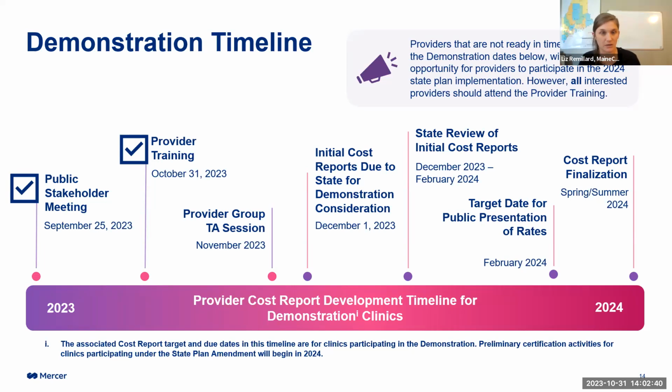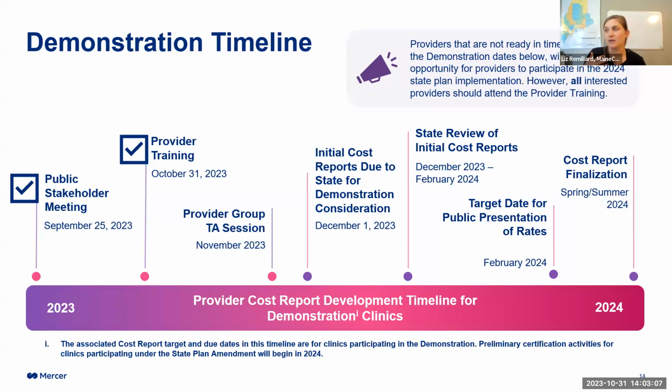Not every organization on the call today needs to complete their cost report by December 1st. We have heard from some agencies who are interested, and we thank you for being vocal about it initially so we know who you are. If there are others who want to have some conversations with the department or with Mercer, don't hesitate to reach out to ask questions about that December 1st deadline.